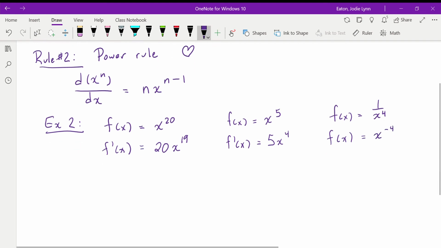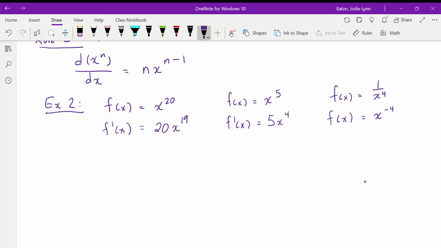So if we apply our power rule, that would mean that f prime of x is equal to negative 4 times x to the negative 5. Note, we are going down, so our power still goes down 1 and we multiply out in front. So we have here that f prime of x is equal to negative 4 over x to the power of 5.